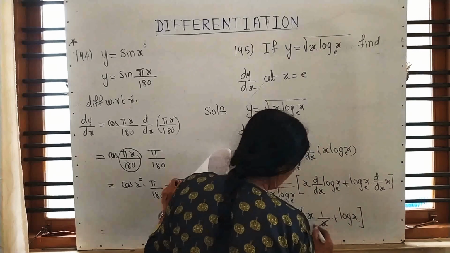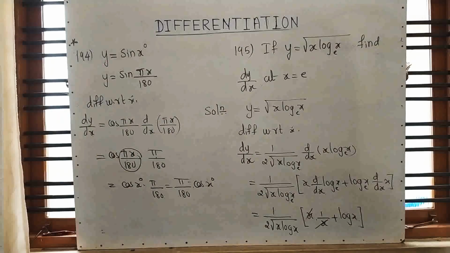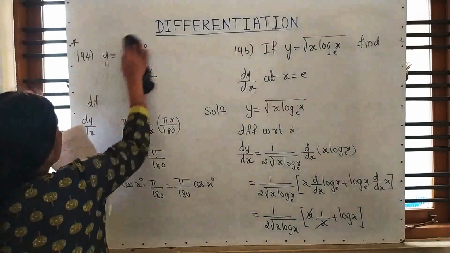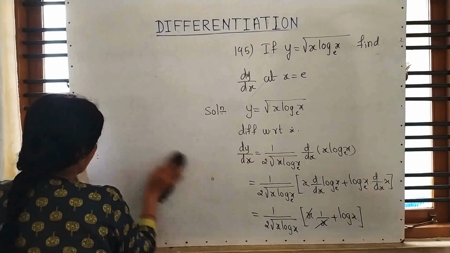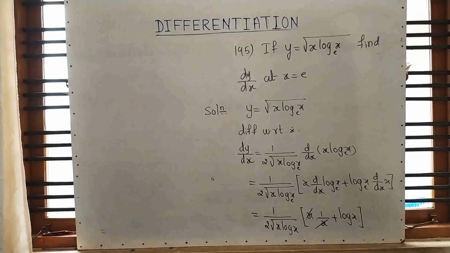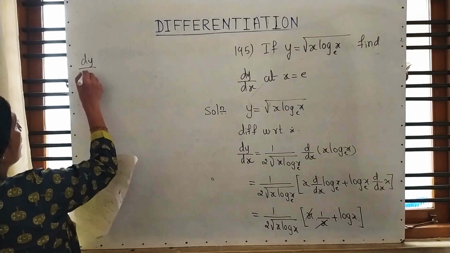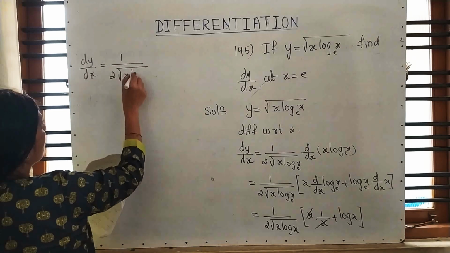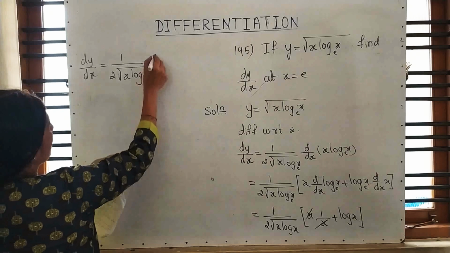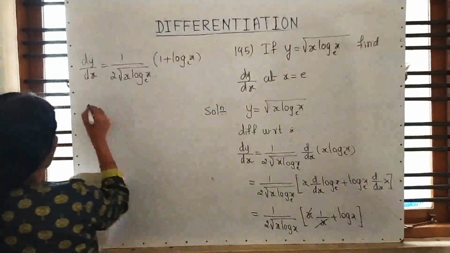Differentiation of x with respect to x is 1. Here this x and x get cancelled. First write down the remaining terms. dy upon dx is equal to 1 upon 2 root x log x to the base e, in the bracket 1 plus log x to the base e, correct or what?